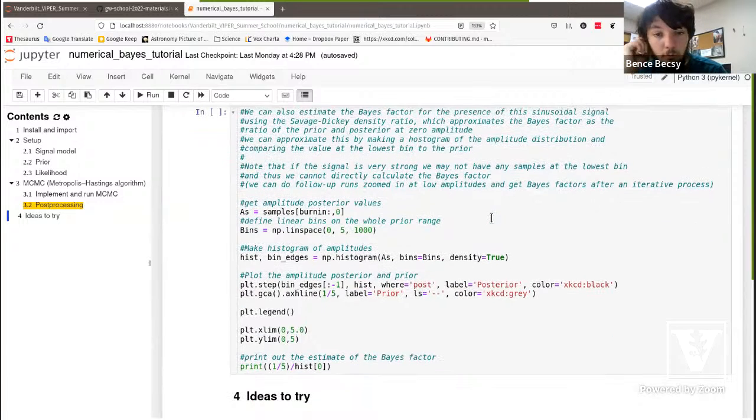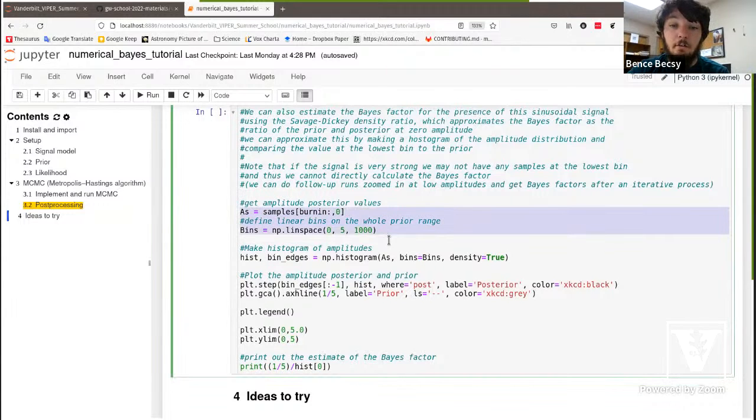So what we can do here is get the amplitude posteriors and make a histogram of them. Then we can just look at the very lowest amplitude bin as an approximation for the posterior at amplitude 0, because of course we cannot really measure it perfectly, but we can just look at the very first bin and then compare that with the prior.